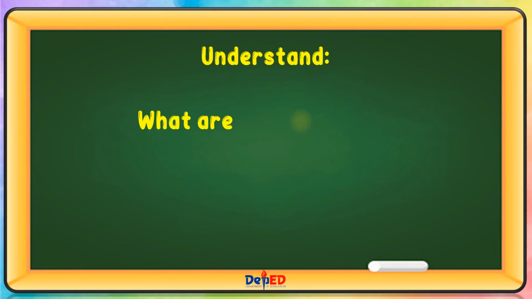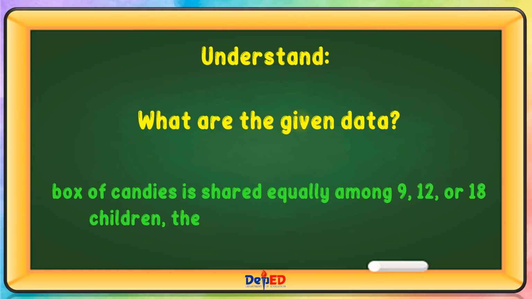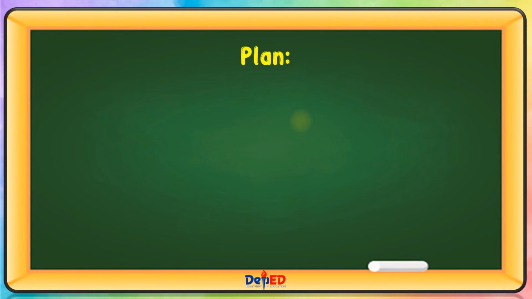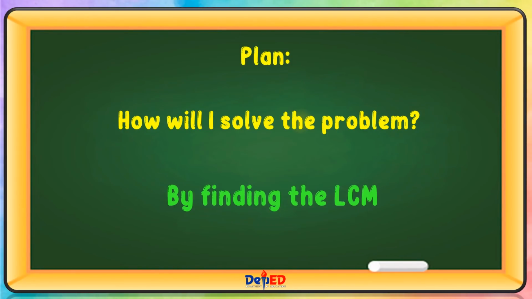What are the given data? A box of candies is shared equally among 9, 12, or 18 children. There are always 6 candies left. Let us plan. How will I solve the problem? By finding the LCM.